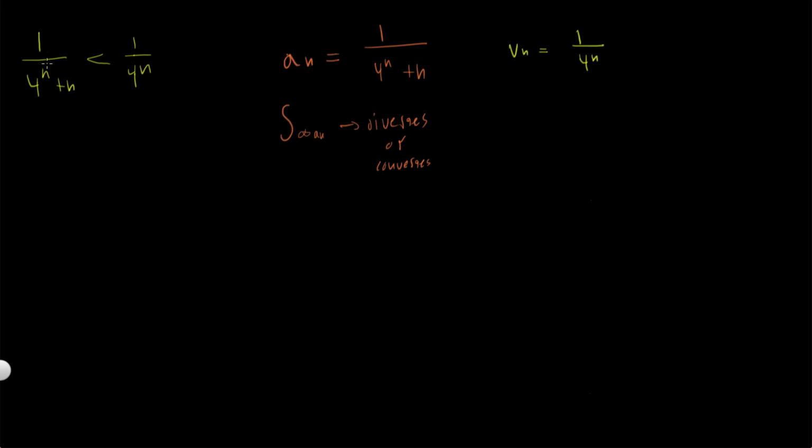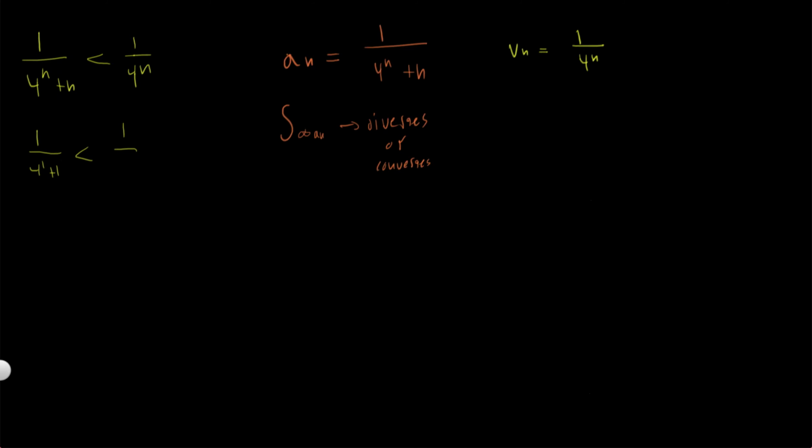So if I plug in 1 for n, I get 1 over 4 to the 1 plus 1, and this is less than 1 over 4 to the 1. 1 over 4 to the 1 is just 1 over 4, and 1 over 4 to the 1 plus 1 is 1 over 5. We know that 1 over 5 is less than 1 over 4.